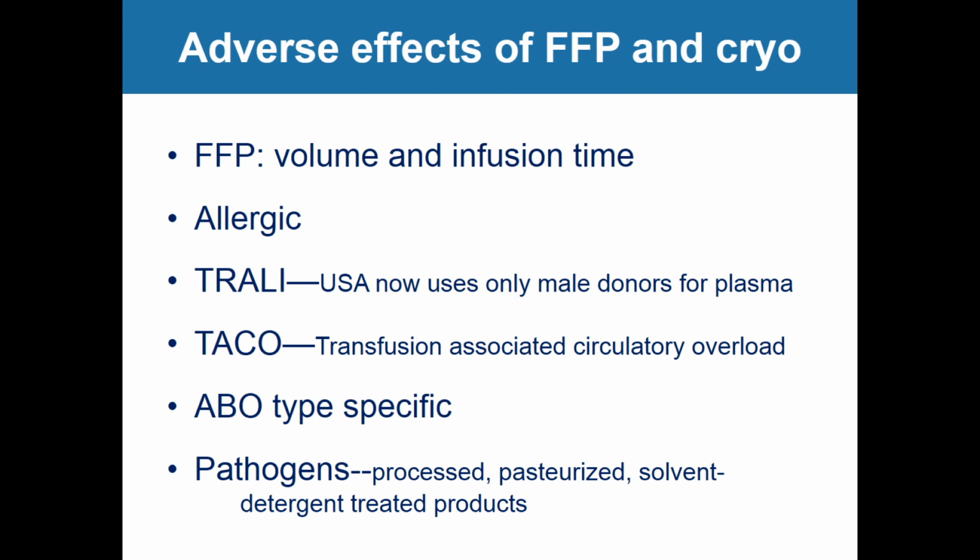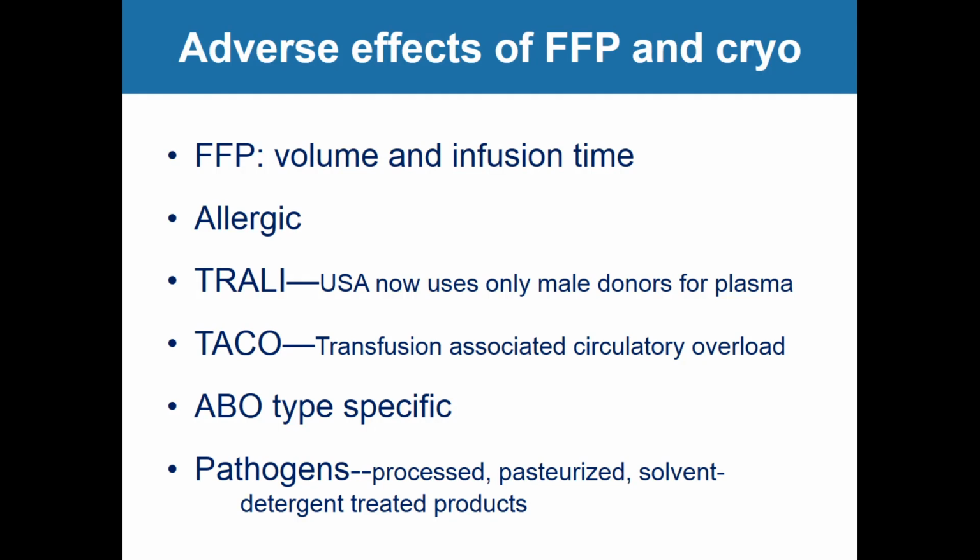TRALI, or transfusion-related acute lung injury, felt to be due to alloimmunization to HLA antigens in the U.S., is now avoided as female donors who become alloimmunized during pregnancy are excluded from sources of plasma, so that in the U.S. only male donors are used to make FFP or cryo. TACO, or transfusion-associated circulatory overload, can easily happen in patients who receive massive amounts of plasma.